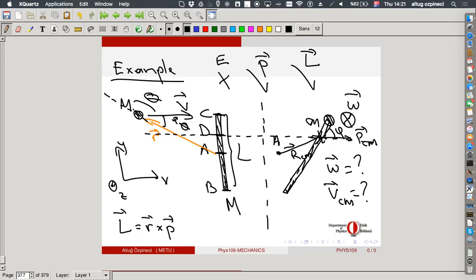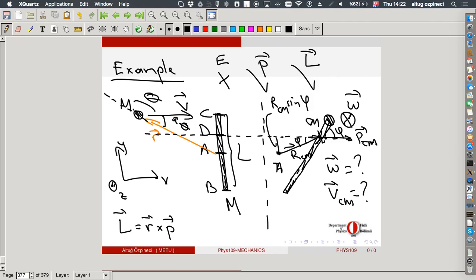This angle here is the angle phi. Now we see this length times sine of phi is nothing but this distance over here. This distance is our center of mass times sine of phi.